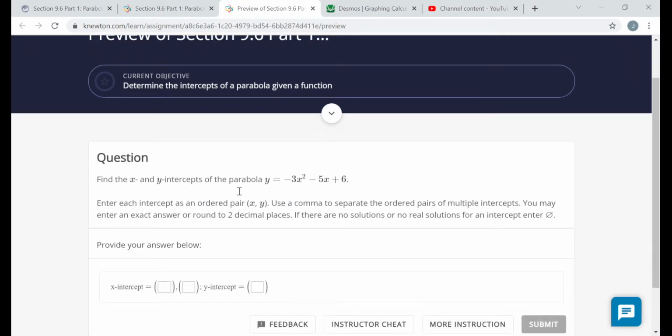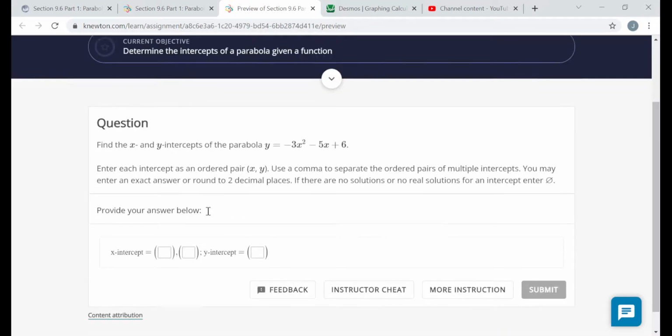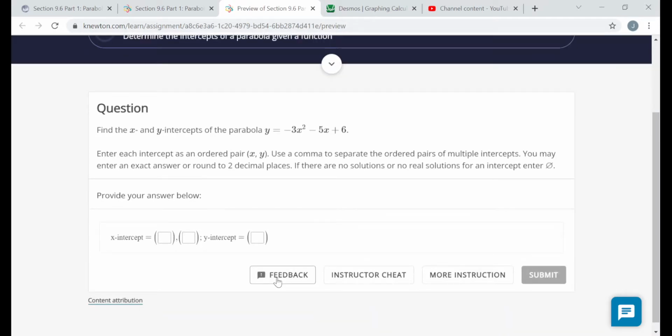And beneath each current objective there's a question related to that objective. And at the bottom of each question you should be seeing a feedback button, so you can send feedback to Knewton if you wish. You will not see an instructor cheat button, right? This is for instructors only.